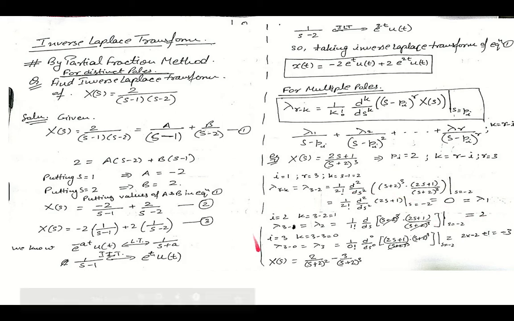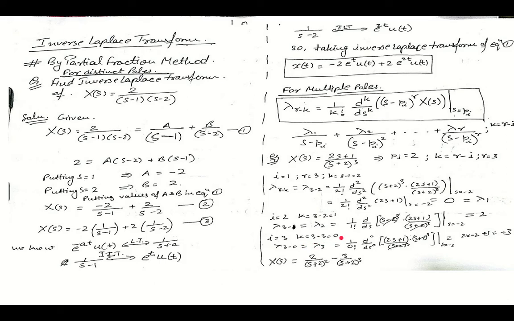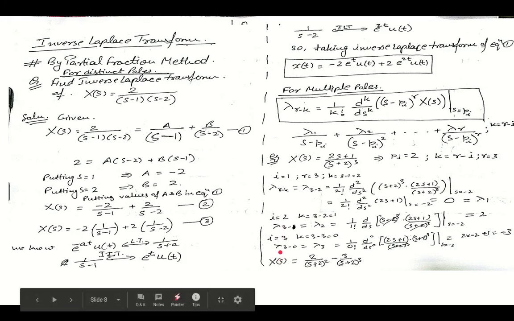Now for the third one, that is i is equal to 3. For i is equal to 3, k is equal to 3 minus 3, that is 0. So this will yield lambda r minus k, that is 3 minus 0, is equal to lambda 3, and it will give us 1 upon 0 factorial into d to the power 0 upon ds to the power 0 of (s plus 2) whole cube into (2s plus 1) upon (s plus 2) whole cube, keeping the value of s is equal to minus 2.